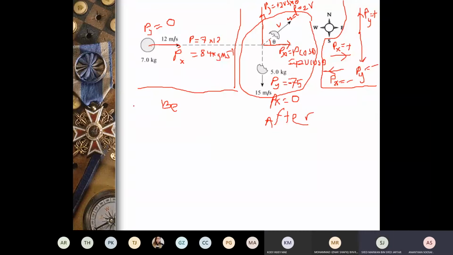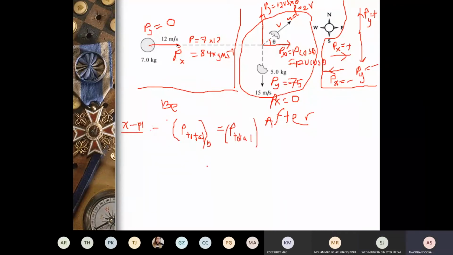Okay. So let's go for conservation of momentum in the x plane. Total momentum before should be equal to total after.